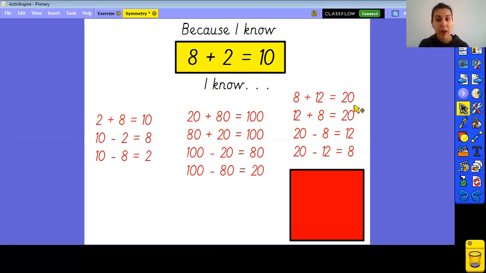And it can also help us with our number bonds to 20 and its inverse operations. So let's keep working on this. And what we're going to do is see just how many number facts I can remember based off this one.